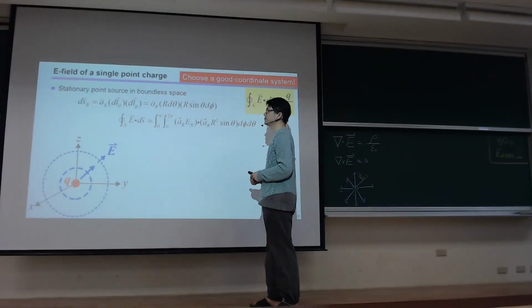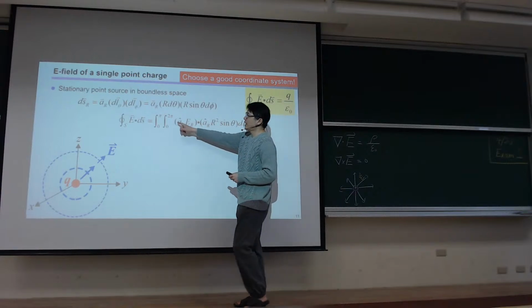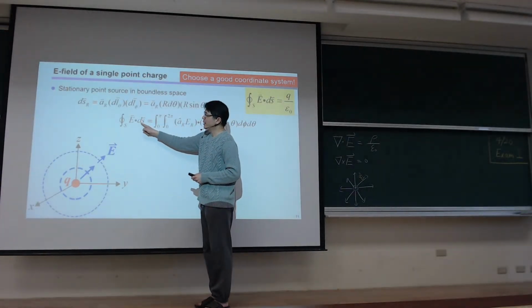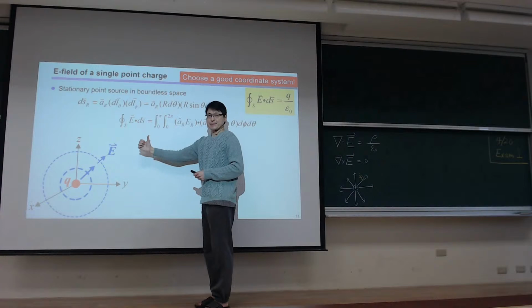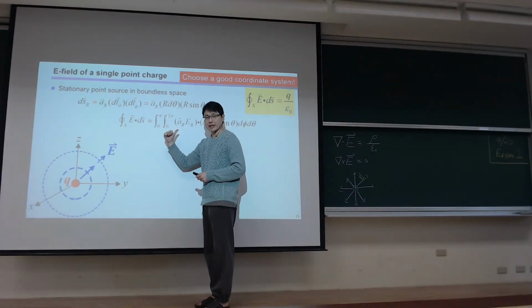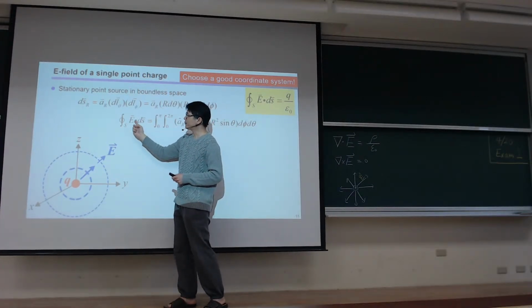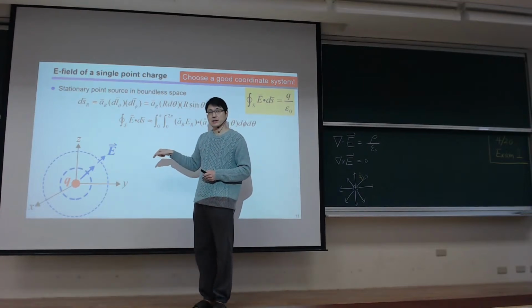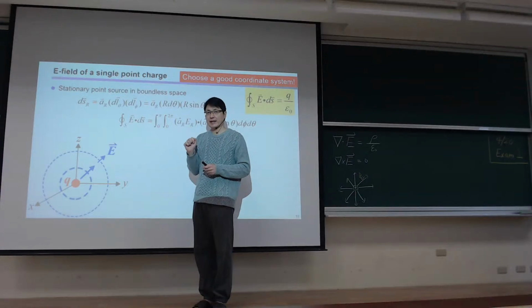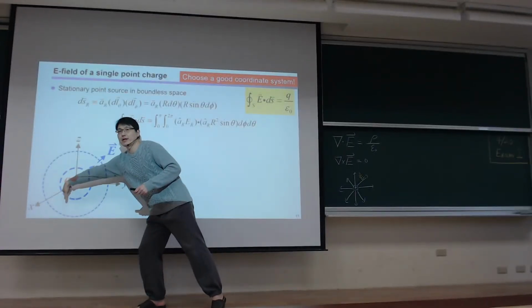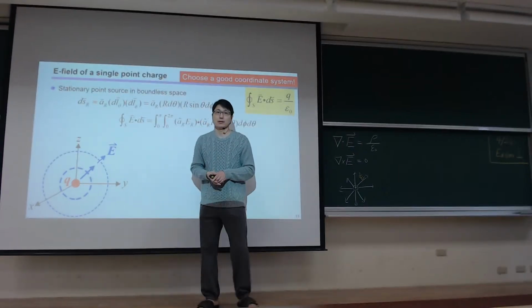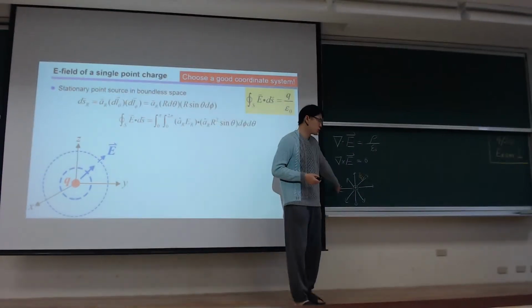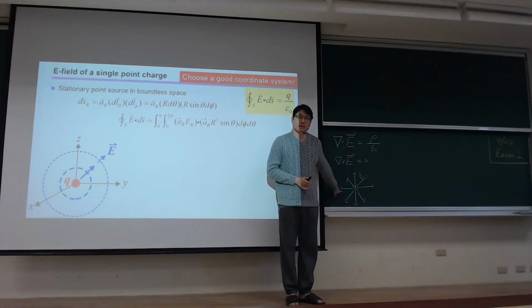Now for this E, because dS is pointing in the radial direction, for a dot product to be non-zero, the E field intensity is also pointing everywhere in the r direction. And that conforms to our assumption, right?